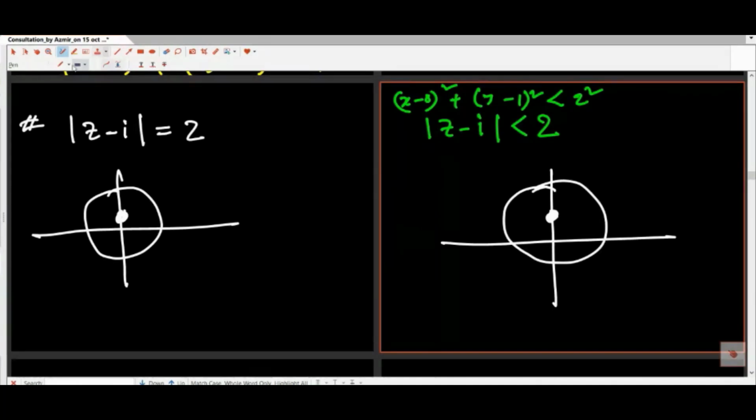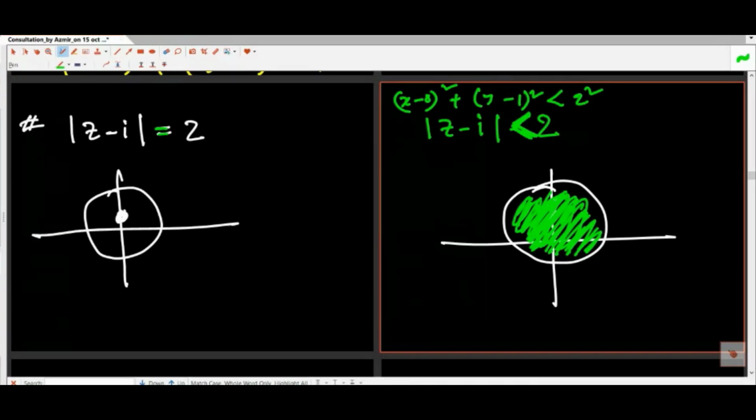Since we have now less than, be careful, we don't have equal. So since we have less than, that means we have to shade the interior portion. This is the shading. Okay.